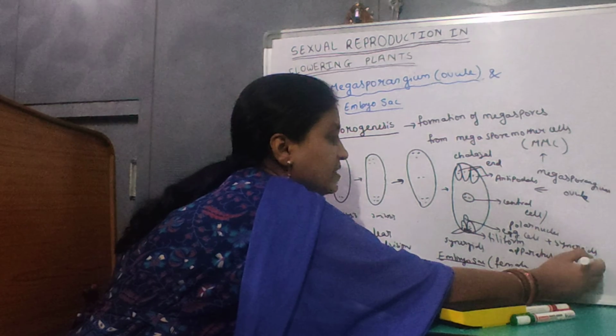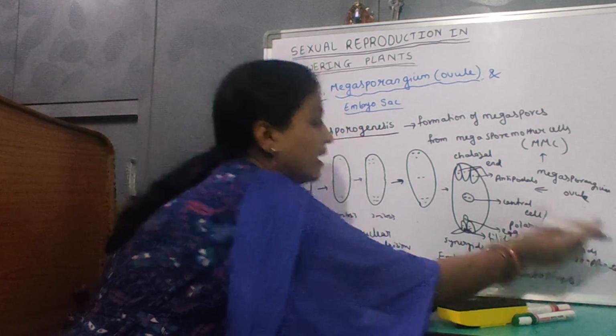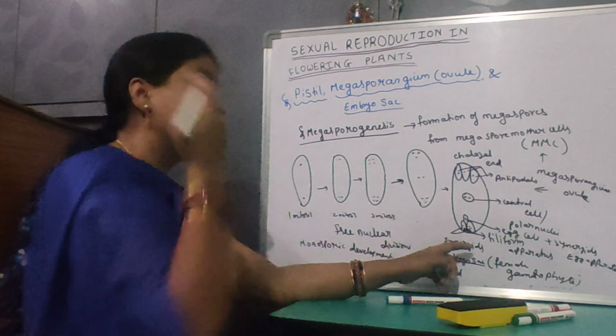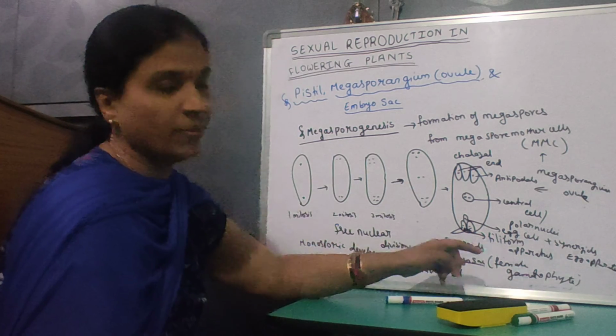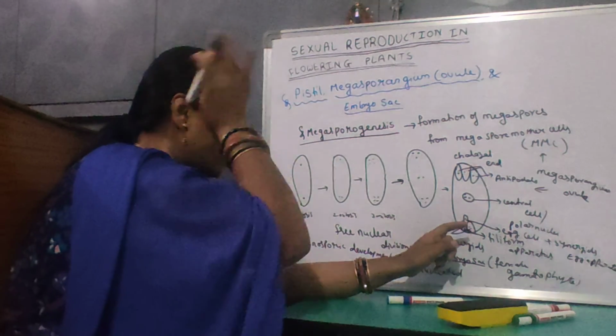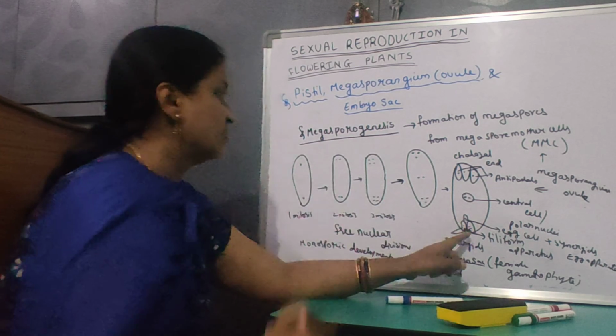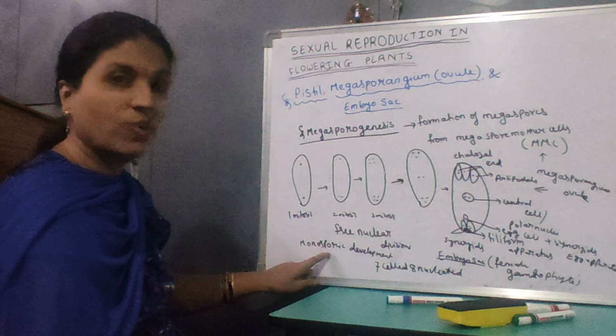So the 3 cells at the micropylar end, having the egg cell, the synergids and the filiform apparatus, are called the egg apparatus. So as a result, it is 7 celled and 8 nucleated.